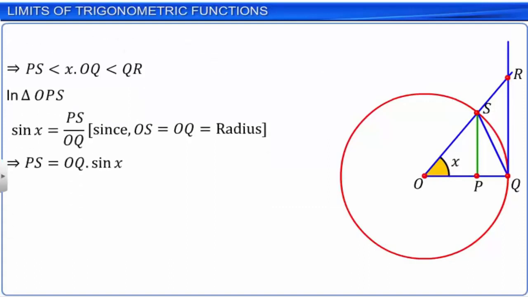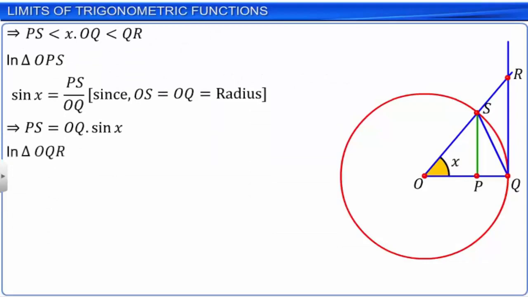Also from triangle OQR, we have tan x is equal to QR divided by OQ. Hence, QR is equal to tan x multiplied by OQ.